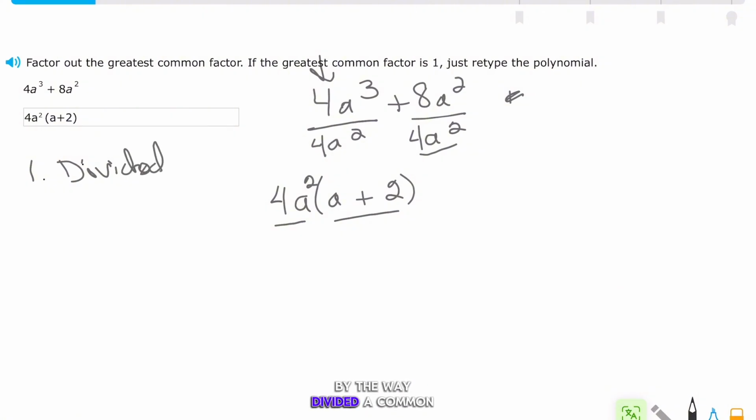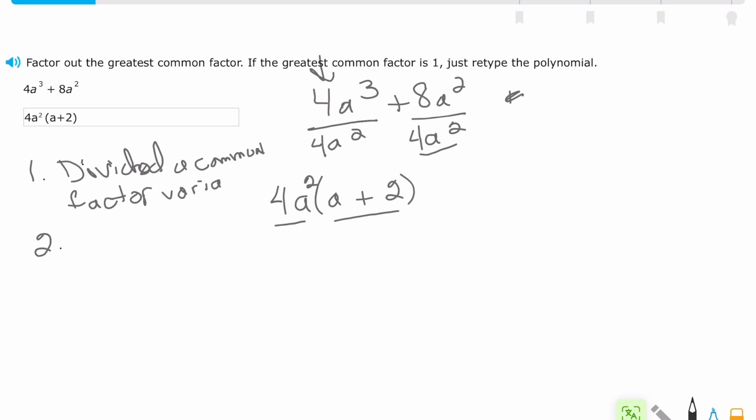Divided a common factor means they both have something in common that I can factor out. Sorry, I got like little kid handwriting, but I'm trying to write on an angle and not hit the submit button. And then I factored out, and I mean variable, the letter for the first part.